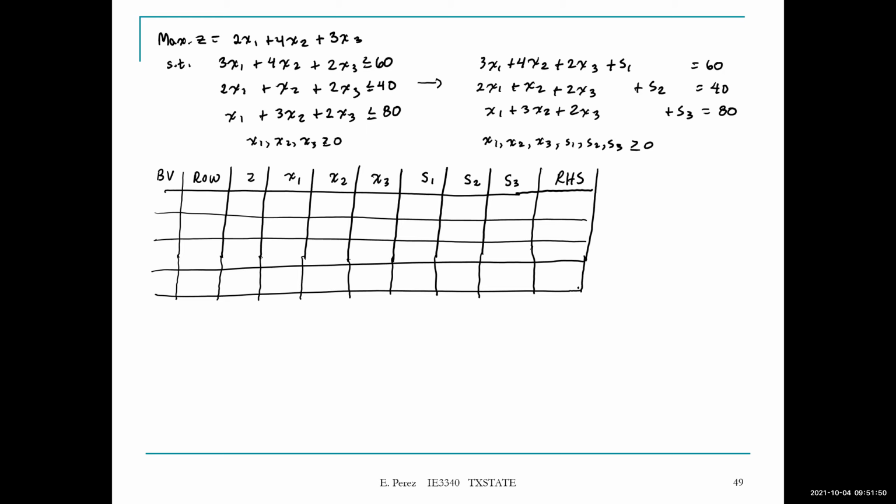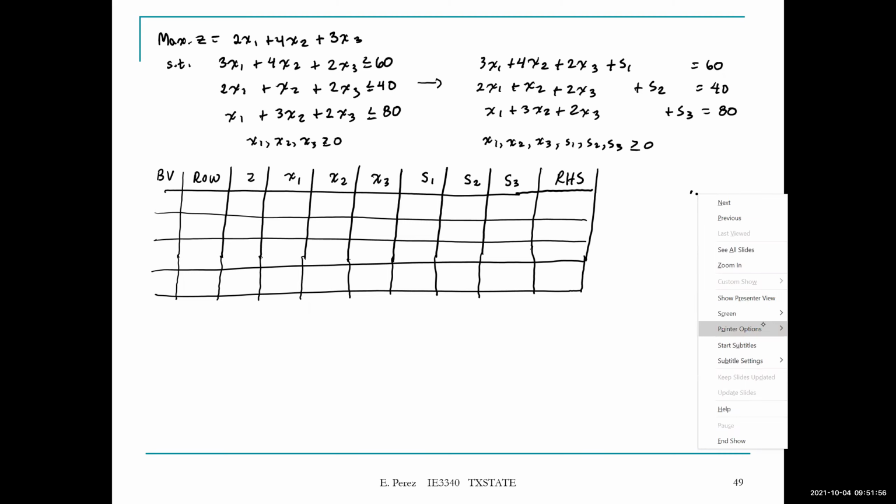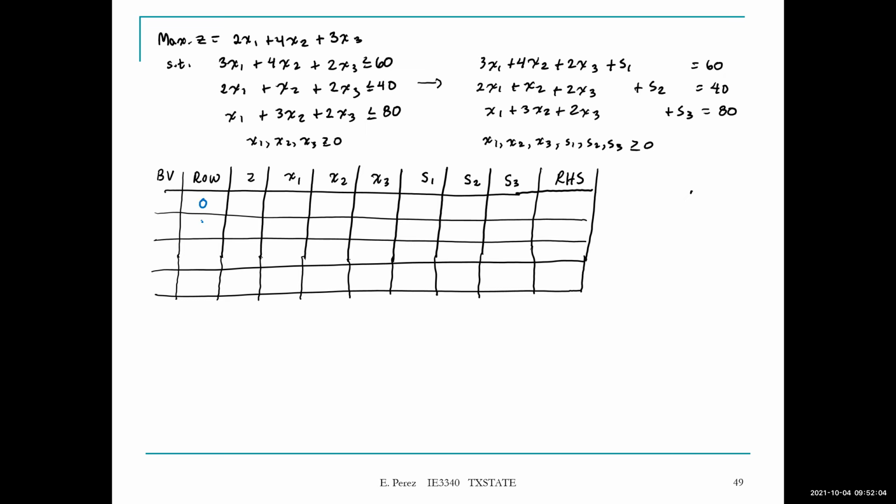Okay, so let's set up our first Tableau. So we have row 0, 1, 2, and 3. We have 3 constraints, and row 0 is always occupied by the objective function.